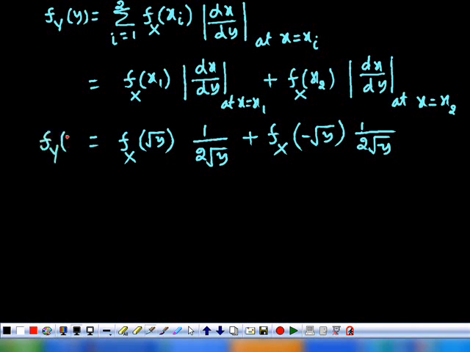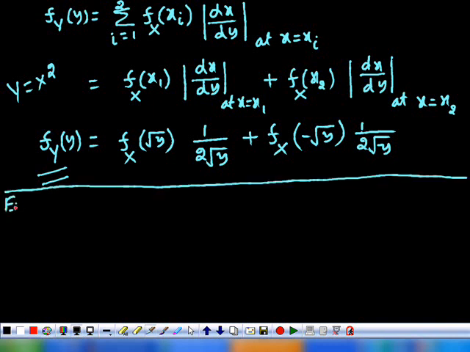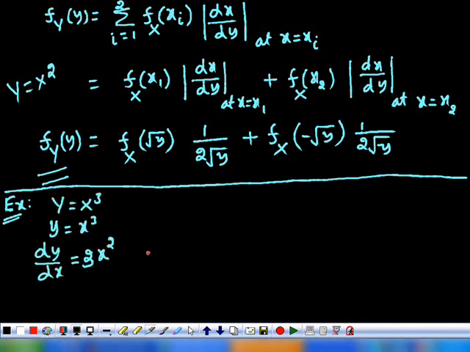Therefore, in the case of y = x², fY(y) is equal to fX(√y) times 1 by 2√y plus fX(−√y) times 1 by 2√y. We take this example, y = x³. dy/dx is 3x².